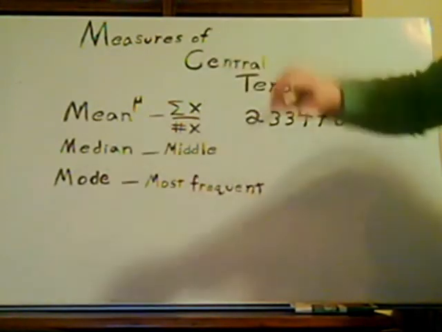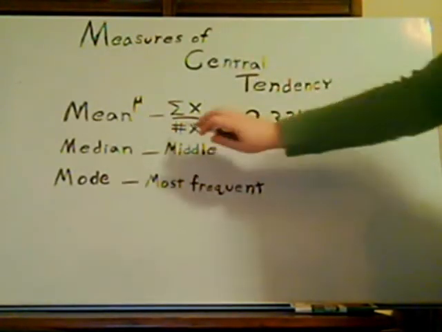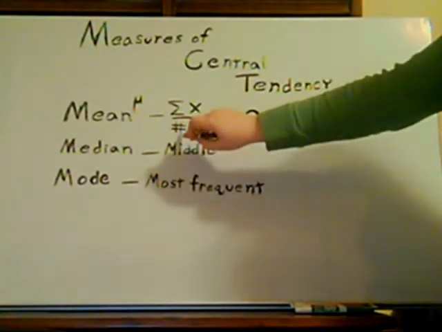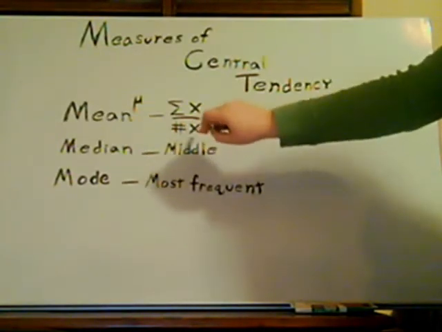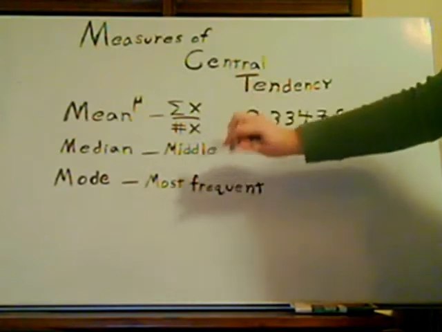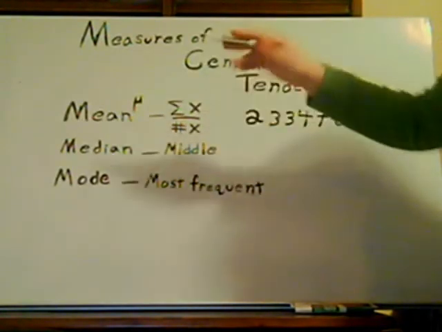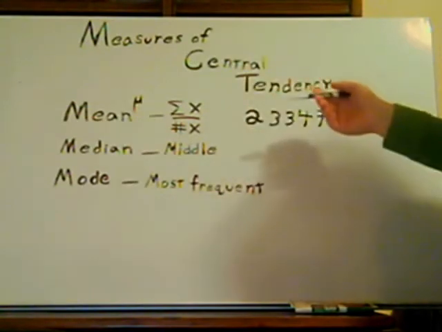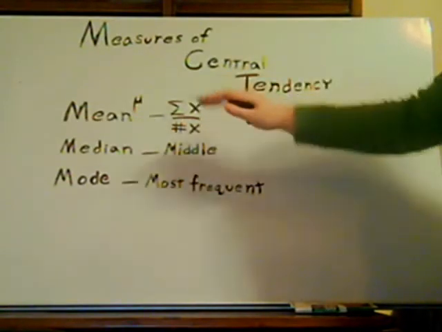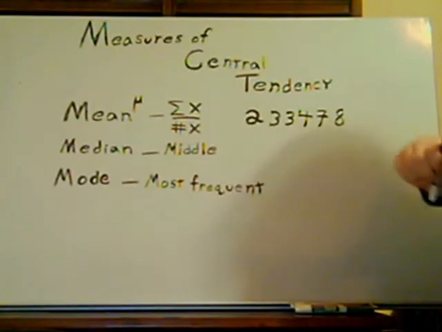Then that would be your X. 20 would be X. Down here is a number sign, which just means number. And then there's another X. So it's the total of X. So x1 plus x2 plus x3 plus x4, total of x divided by how many x's there are.